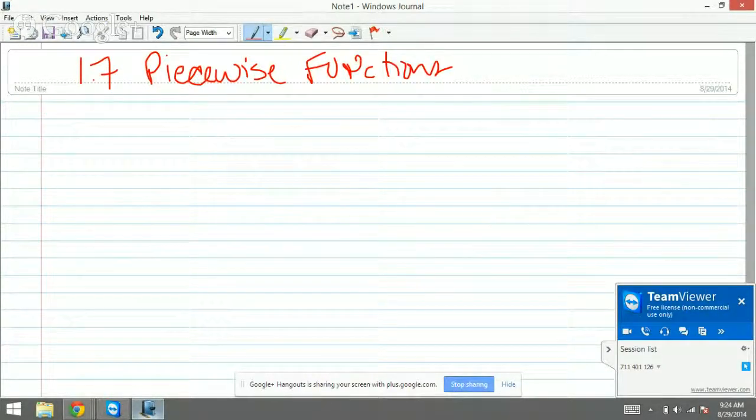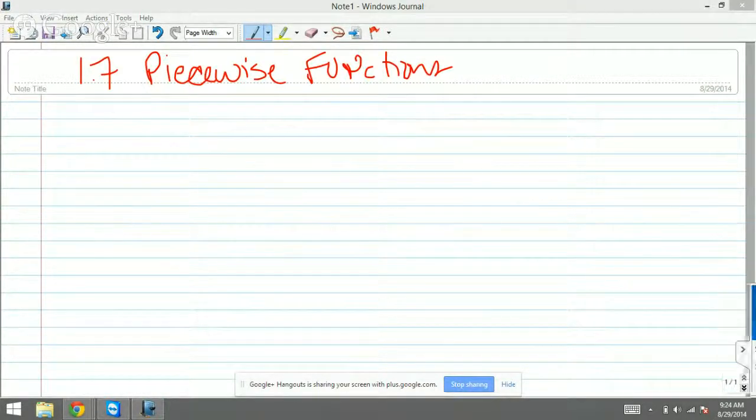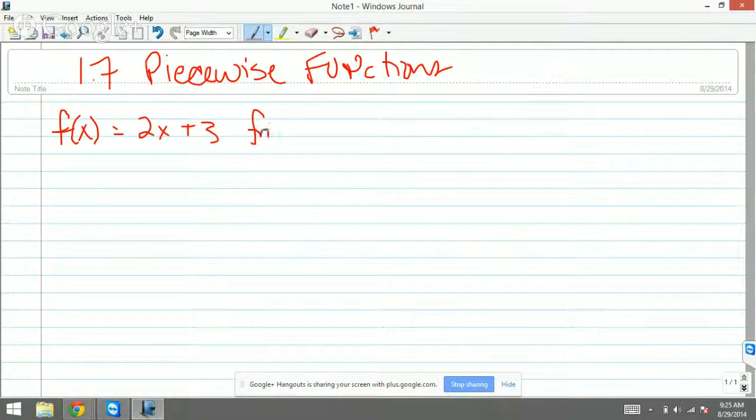Okay, so you're graphing pieces of functions. So let's just do one real fast that's easier.